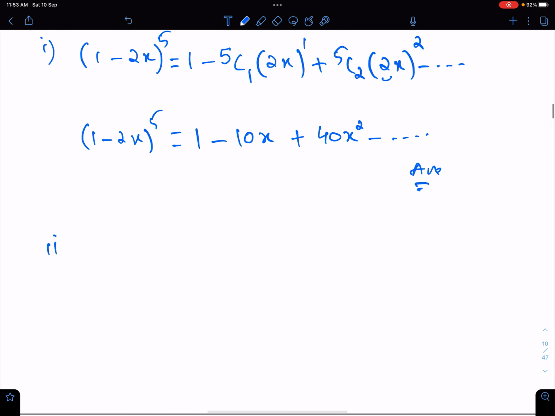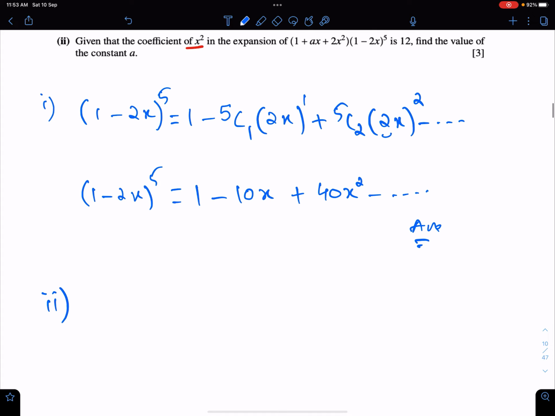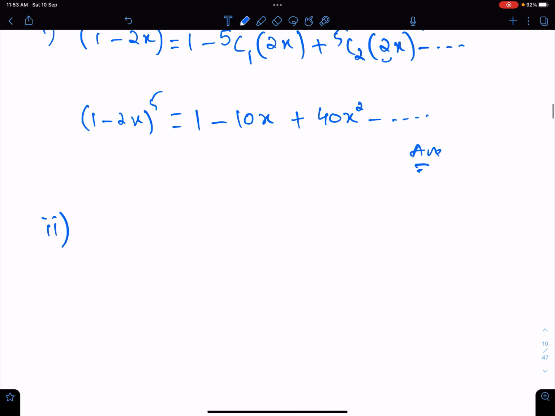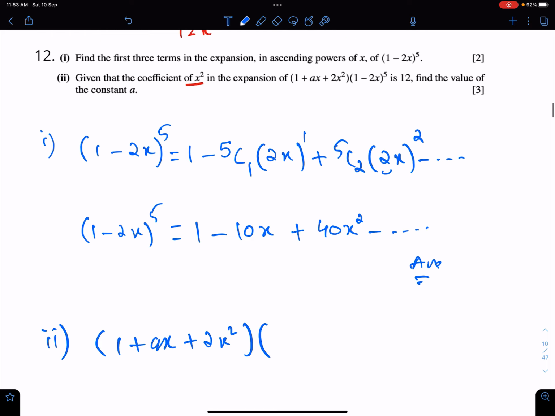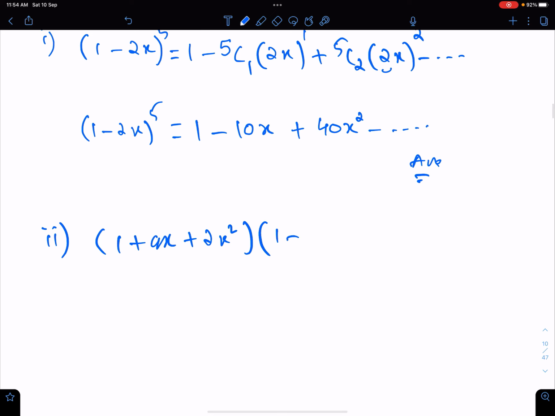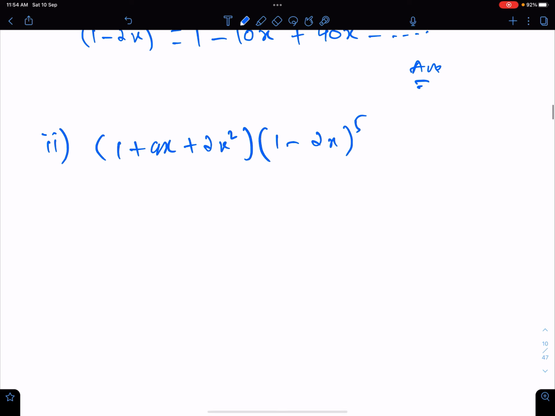So part 2, first copy the question, 1 plus ax plus 2x square times 1 minus 2x whole power 5. So we need to use the answer of part 1 here.